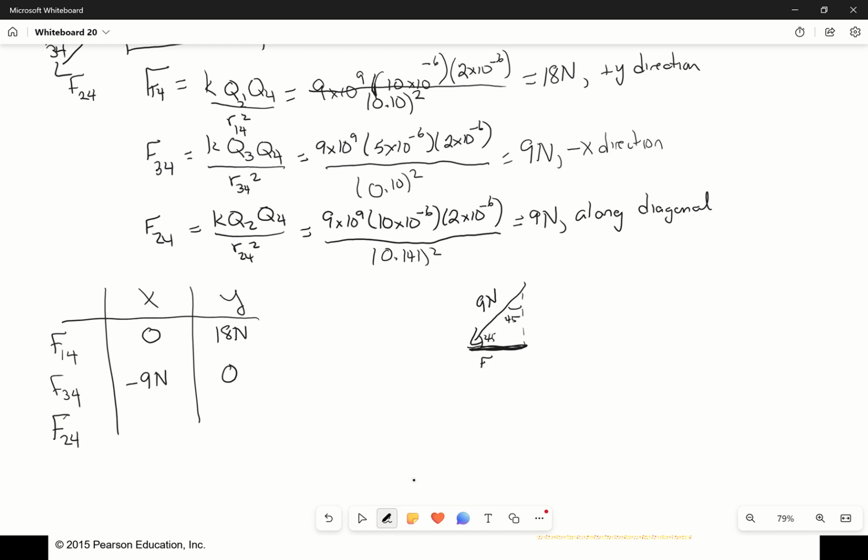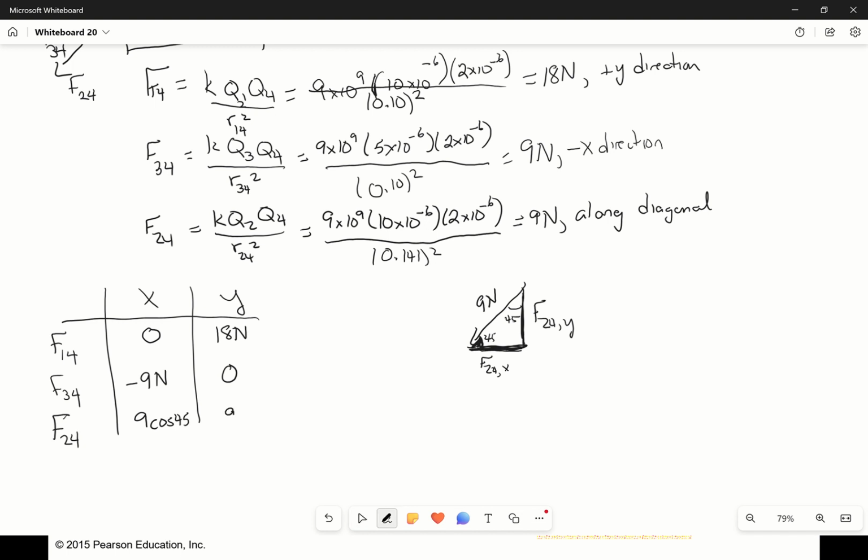So this is going to be F24x. And the y component is going to be the vertical side. Okay, so let's use this angle in the bottom corner. The x component is adjacent to the angle. It's touching the angle, so that means I'm going to use cosine. So it's going to be 9 cosine 45.